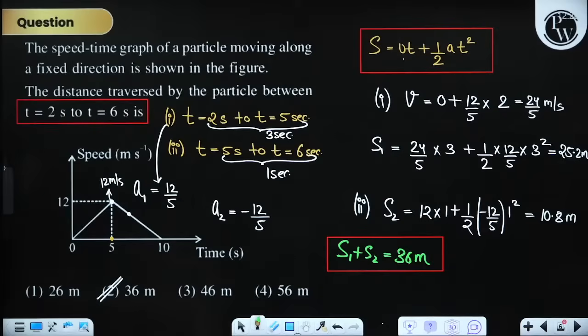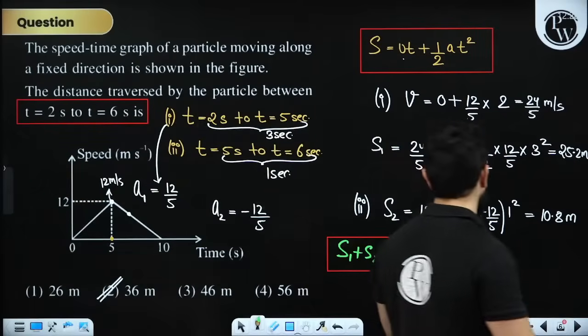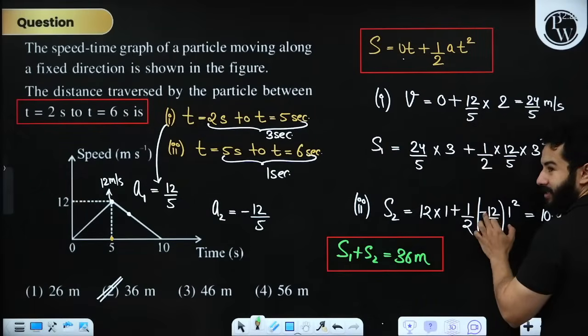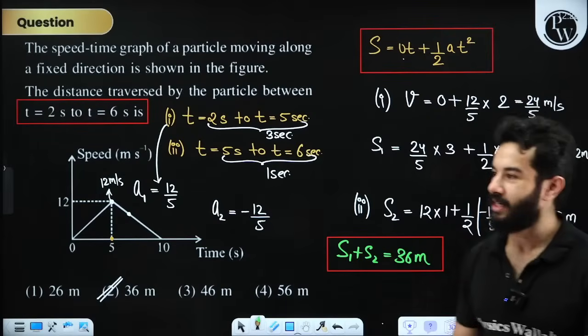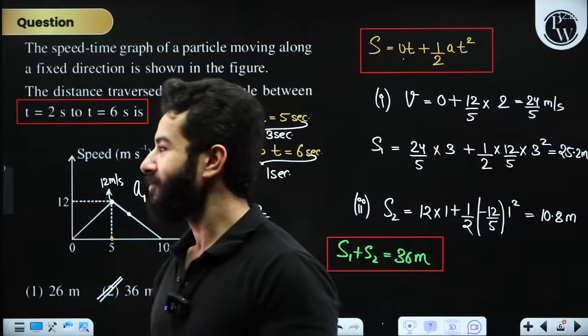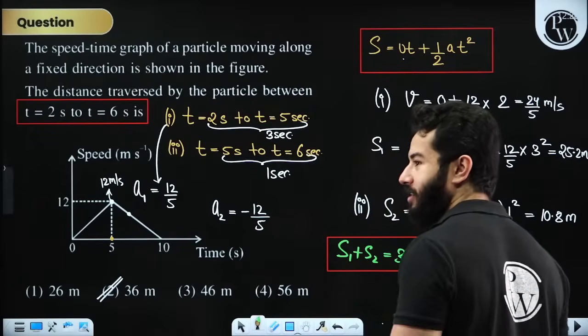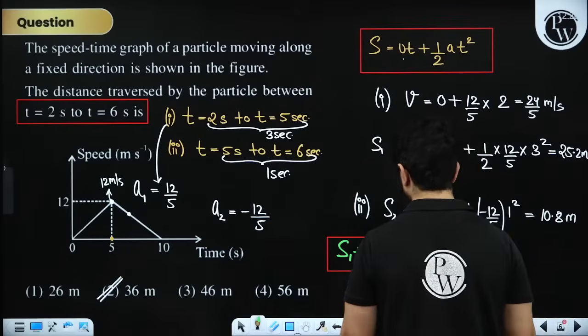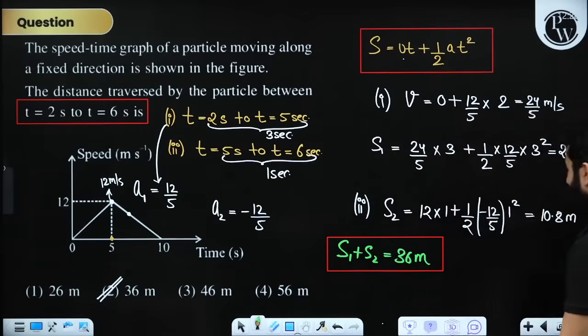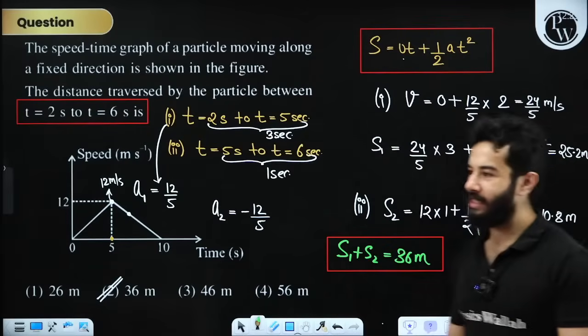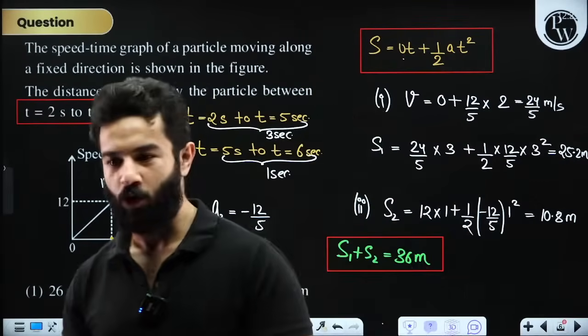Hopefully you have taken the negative sign into account. Quickly write down in the chat box. Most of you have got this one wrong. 36 meter is going to be the correct one. Is it fine? Clear? Can I move on to the next one?